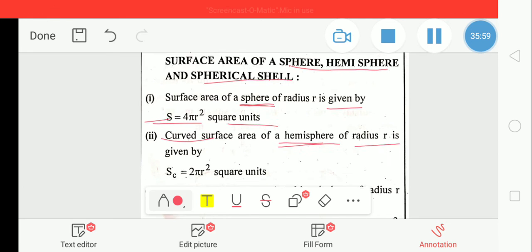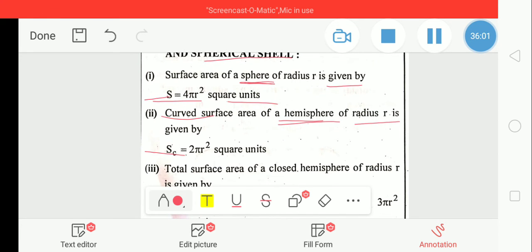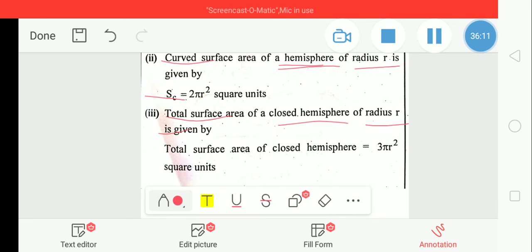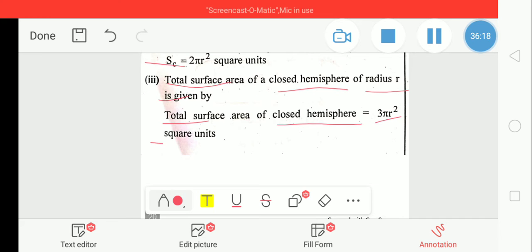And hemisphere of radius r, they give 2 pi r square, and total surface area of a closed hemisphere of radius r is given by 3 pi r square unit.